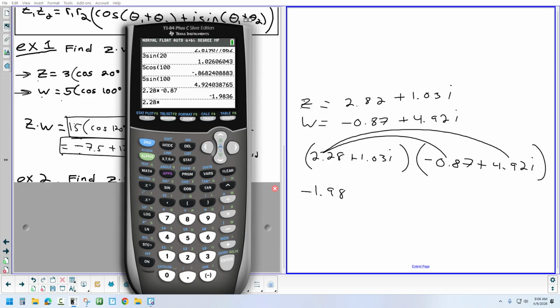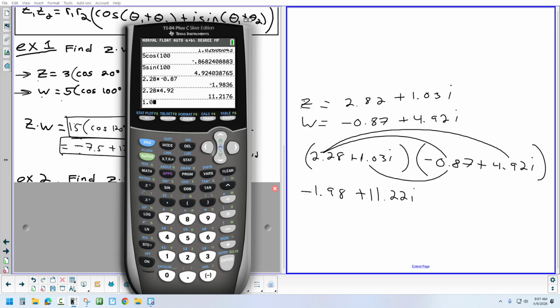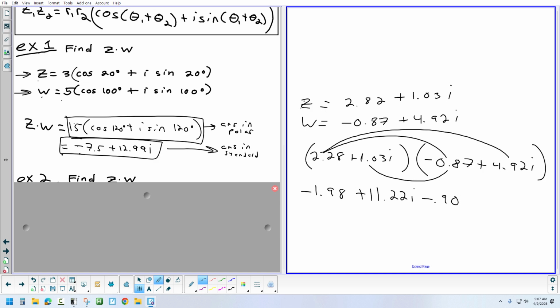That gives me 11.22i. Jaden, what would be the next two I multiply? 1.03 times negative 0.87. Yep. So let's multiply those. I'll just say negative 0.90.